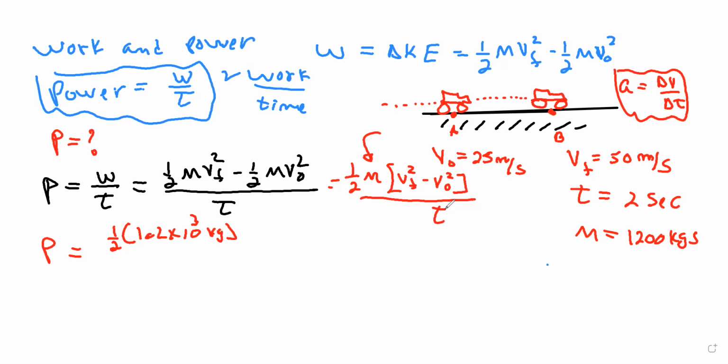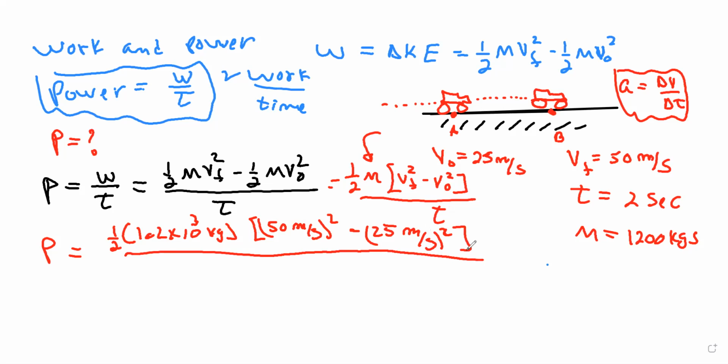Okay, so here we go. We have this one, which is going to be 50 meters per second, but you have to square this, minus 25 meters per second, and you have to square this right there. And you have to divide all this by 2 seconds. So the power is going to be, if you do this, 1/2 times 1.2.